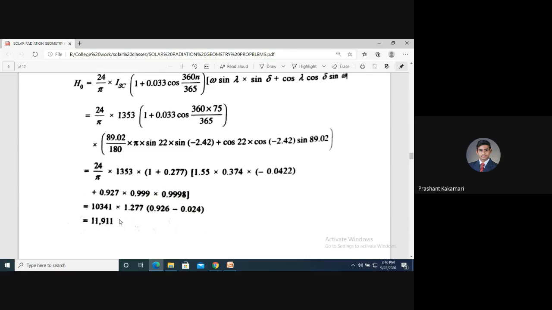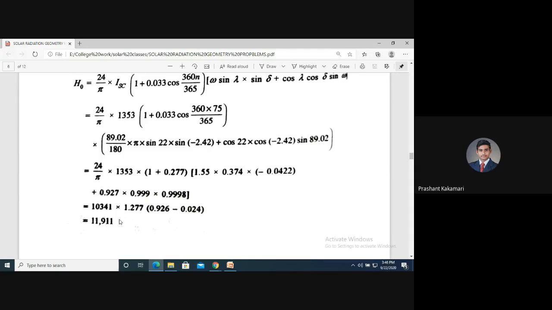For that given day, from sunrise to sunset, the extraterrestrial radiation outside the Earth's atmosphere, by this correlation, the value is around 11,911. One of you can tell me what units I have to add for that value.